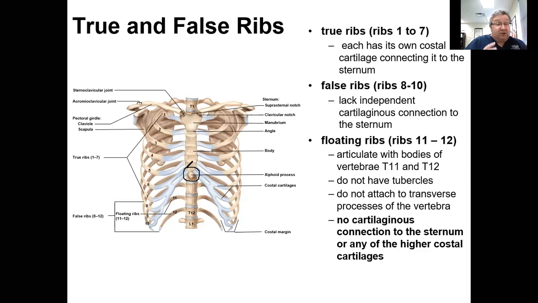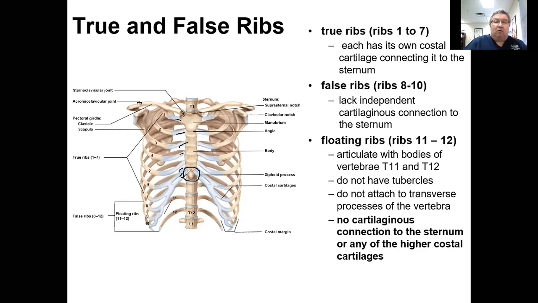They do attach to the sternum, but they don't have their own cartilage. Ribs 1 through 7 have their own cartilage. That's why they're true ribs. The false ribs only have one connection. Ribs 8, 9, 10 have one connection to the sternum.